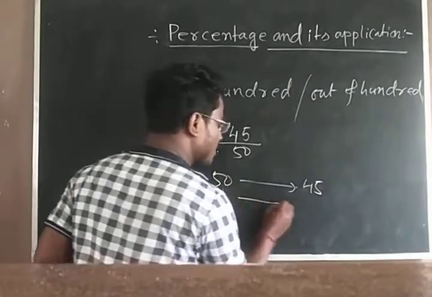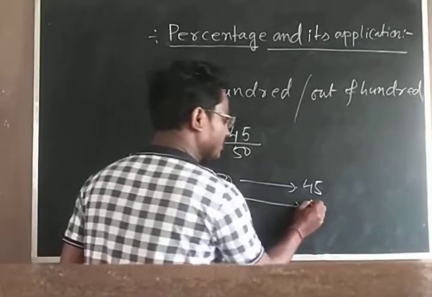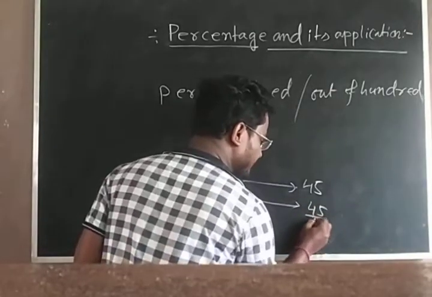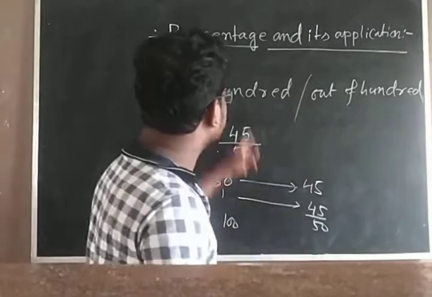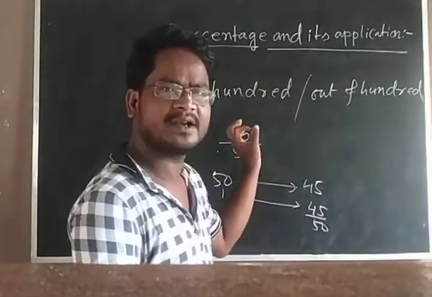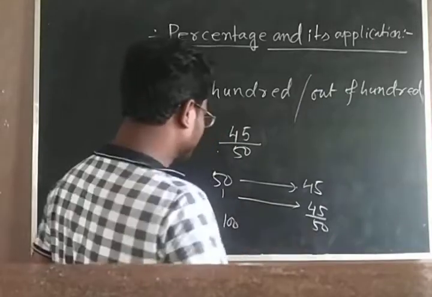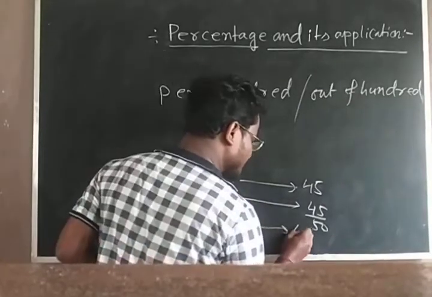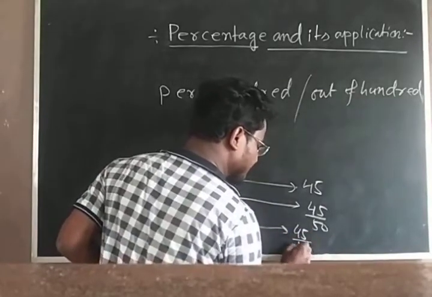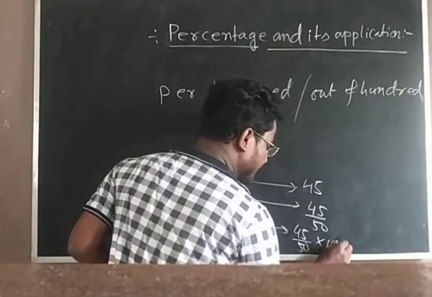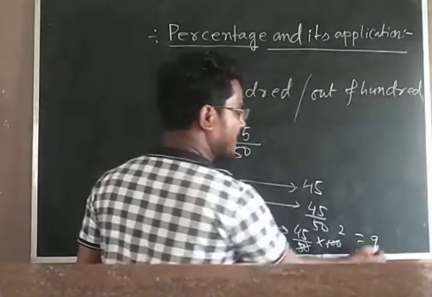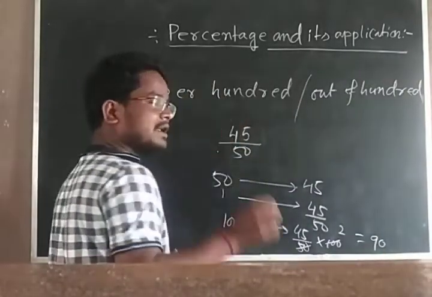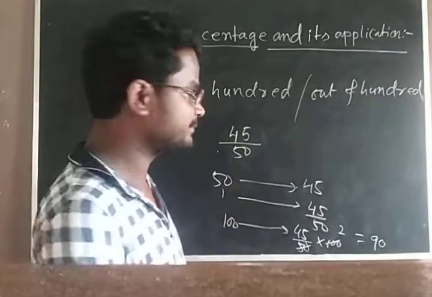If it is a 1 mark exam, then Meghna got 45 by 50. If it was 100, why 100? Since percentage means out of 100, you have to calculate out of 100. Then you will calculate 45 by 50 into 100, and her score is 90 out of 100.